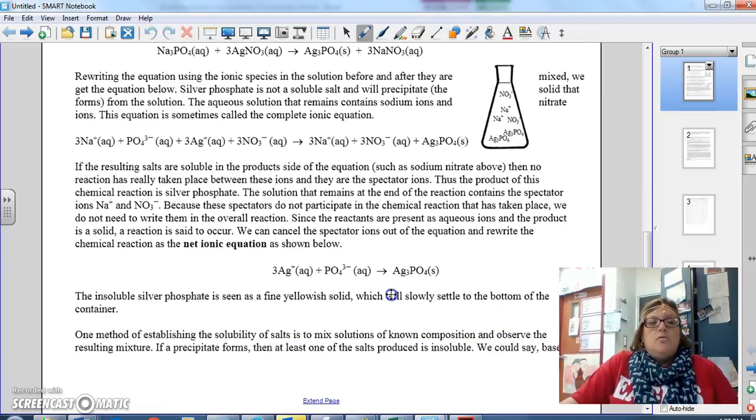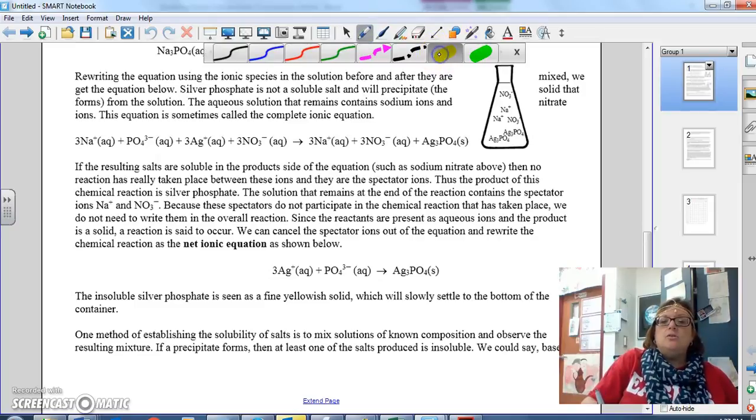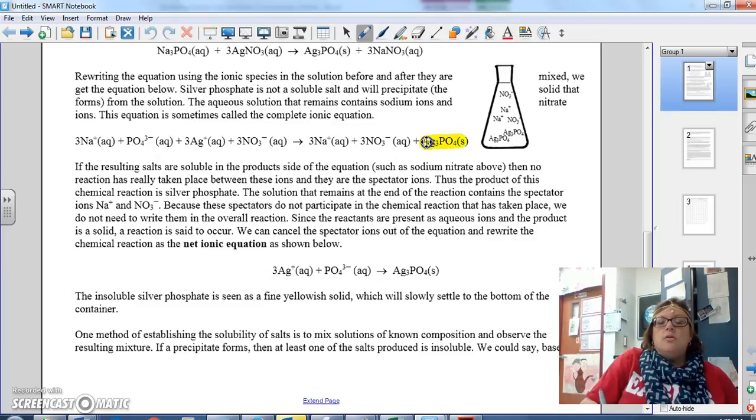The net ionic equation means we're going to use only what reacted in the equation, not what got left behind. So if we look at our precipitate, silver phosphate is what we ended up with.